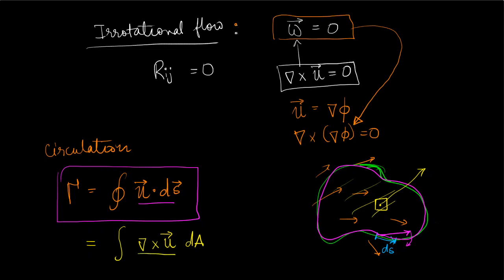So this is the curl, which is nabla cross u, and I will integrate it over the entire surface, and this direction will be along the normal of the area. So essentially it will be dot n. Okay, so this is essentially the integral of omega dot n dA over the entire area of the closed circle. Is it clear? So I've used the Stokes theorem.